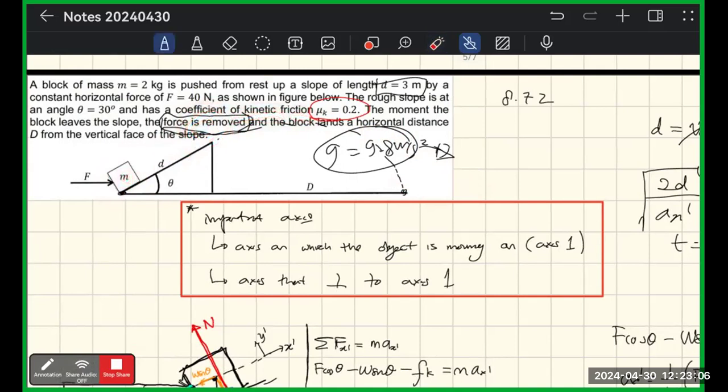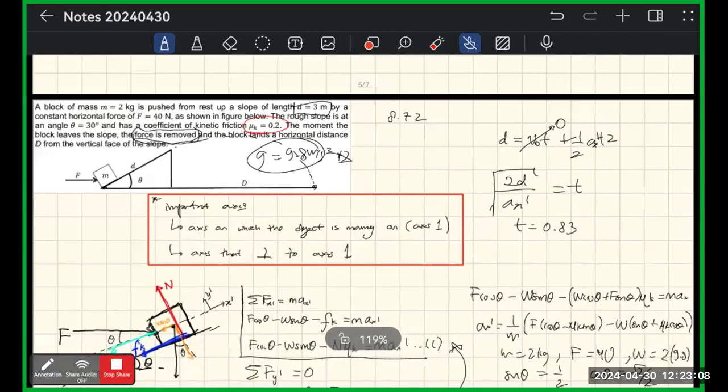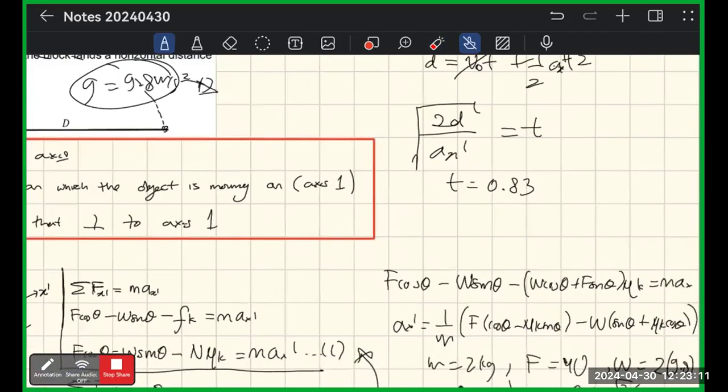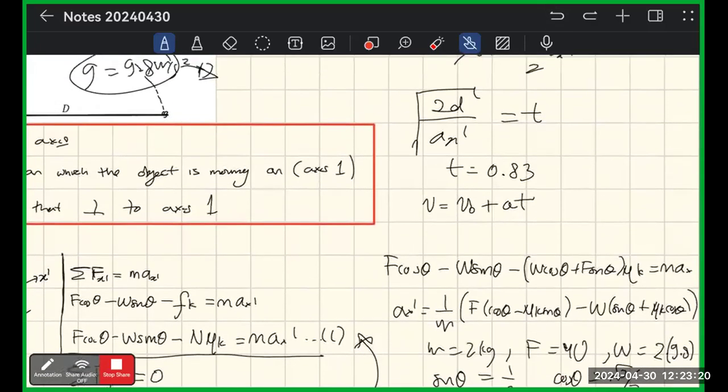Okay, so we just try to find the velocity. The velocity equals v naught plus a t. T is 0.83, as we found, and because v naught equals 0, it's just 8.02 times 0.83, which is 0.233.